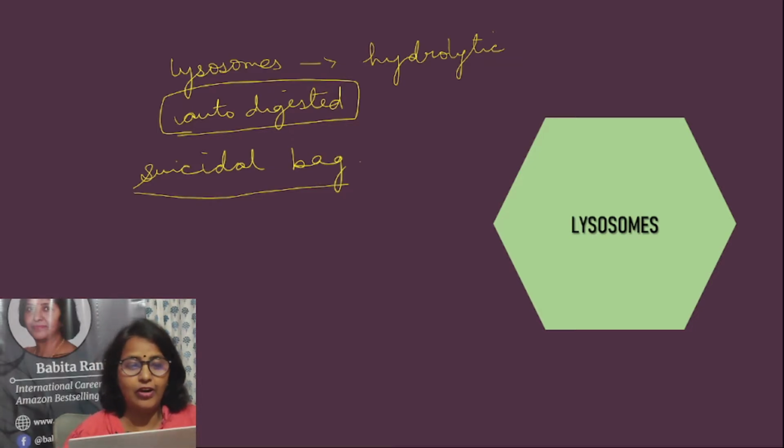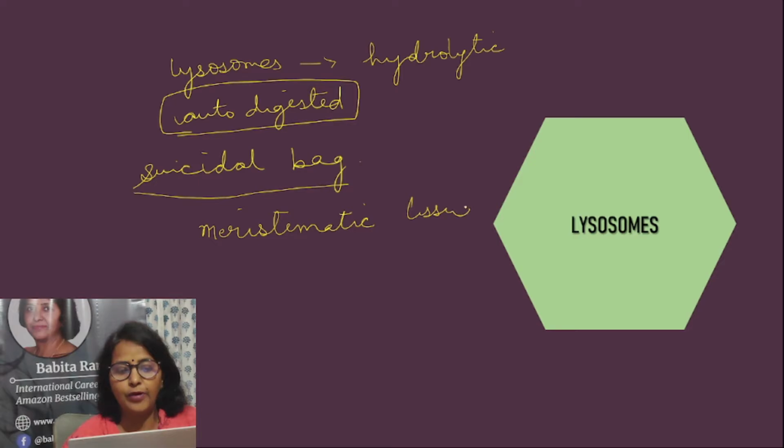One more thing you can remember here is lysosome is present only in eukaryotic cells. It is present almost in all the eukaryotic cells, but there are some exceptions to it. It is not present in meristematic tissue in case of plants, and it is not present in yeast and mammalian RBC.